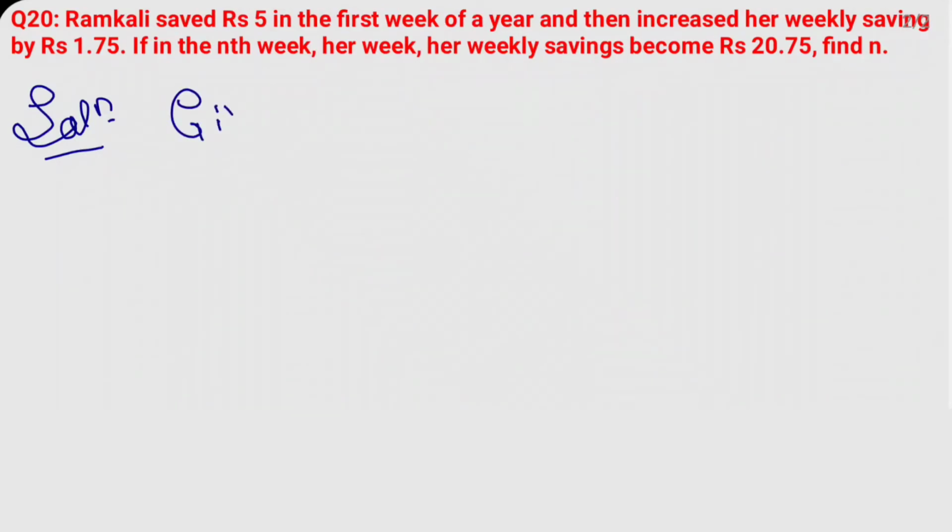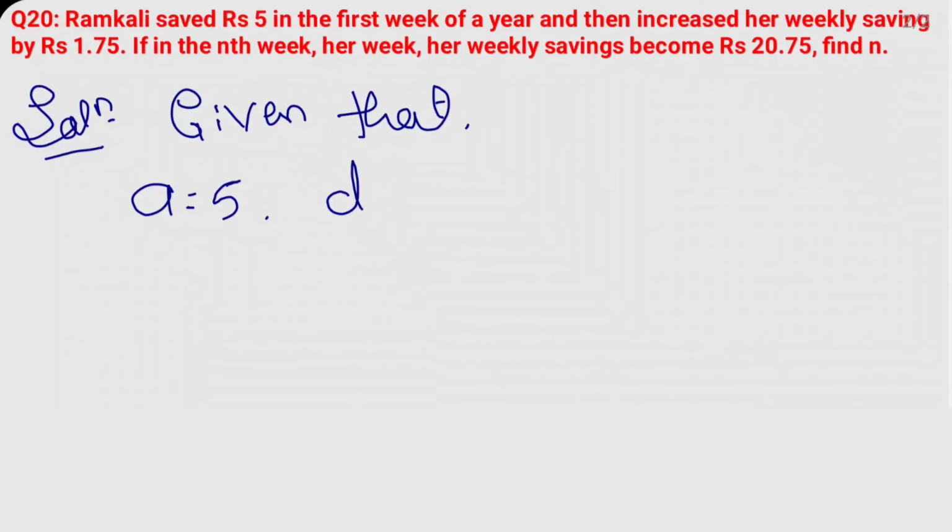Given that, so here the first term A is 5, she started saving from 5 rupees, right? And here the common difference D is the weekly saving increased by 1.75. Is it clear?